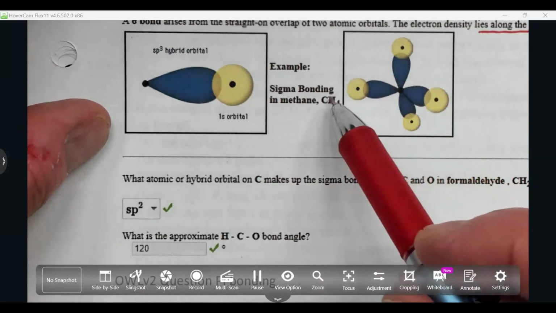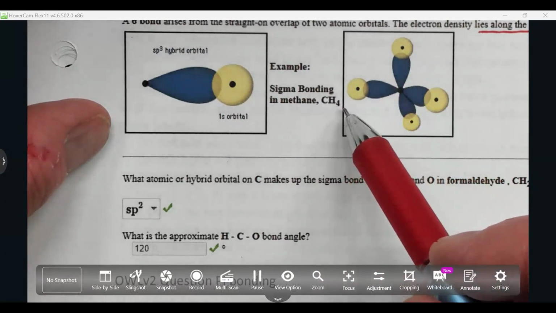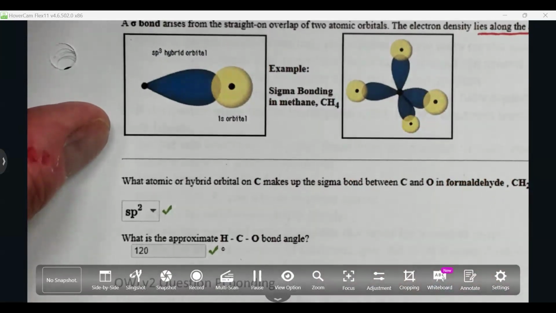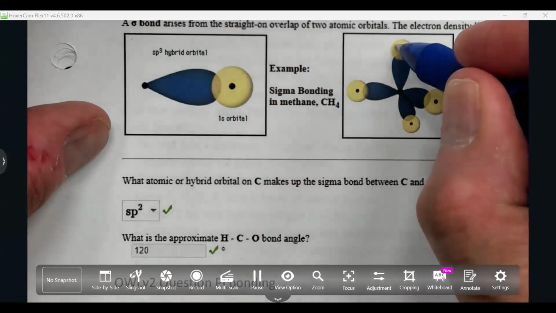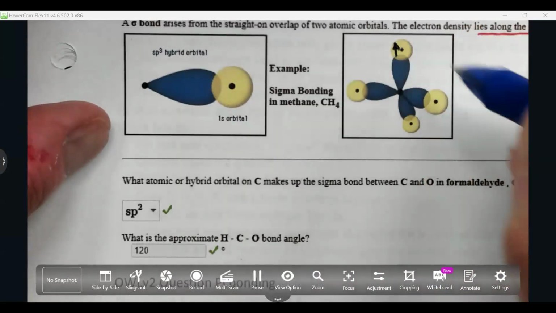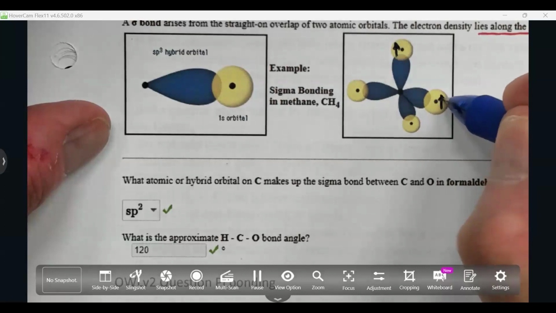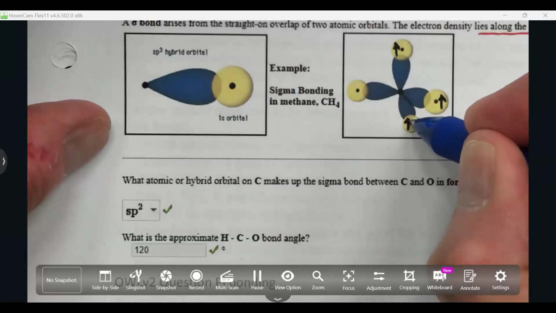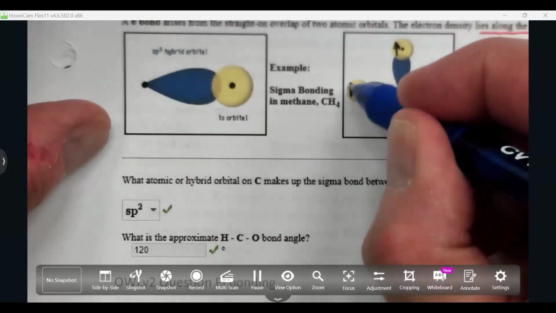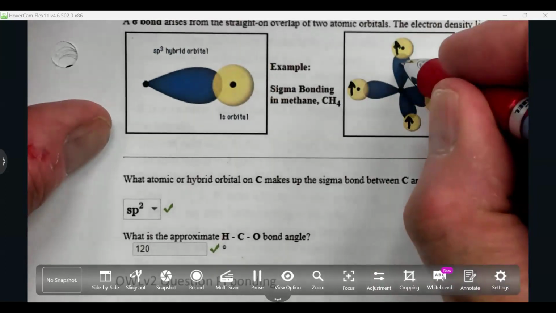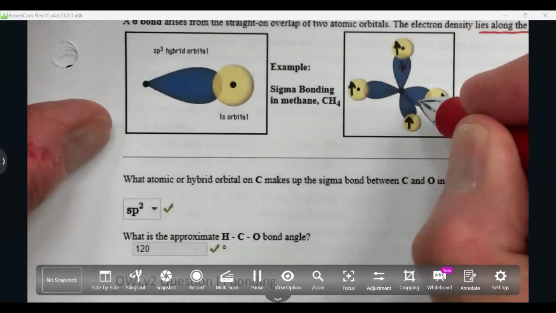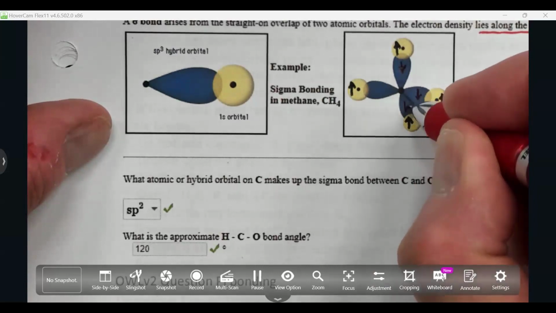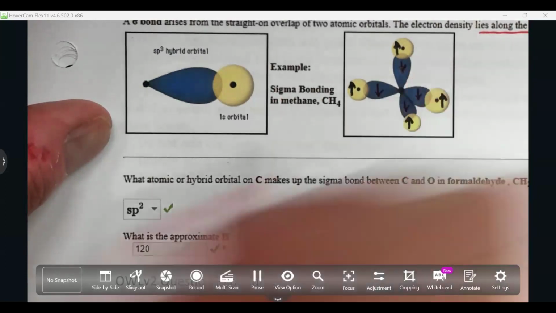This is the bonding in methane, CH4. Think of this as one electron from hydrogen and then one from the hybridized orbital, spinning the opposite way. That's not showing up very well.